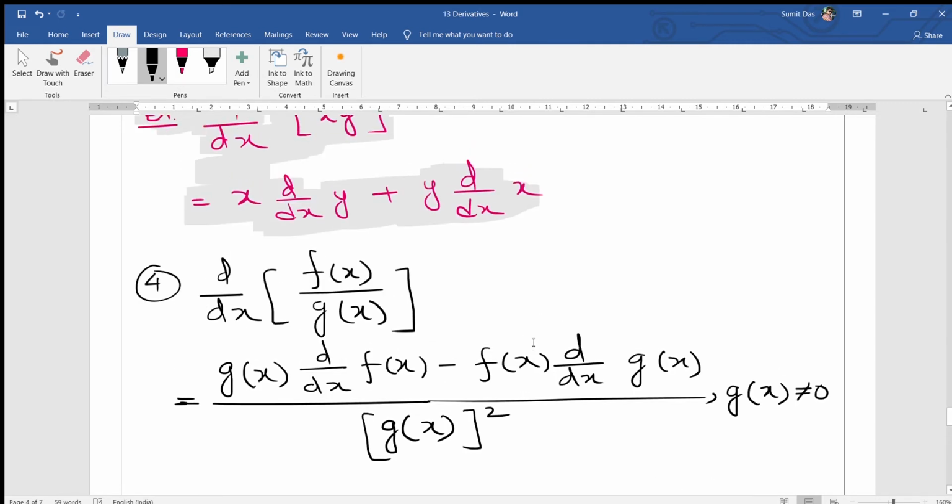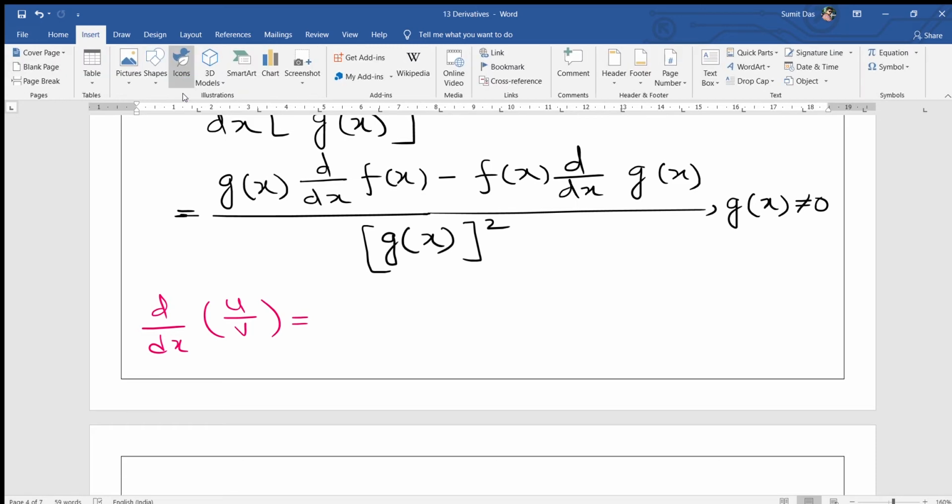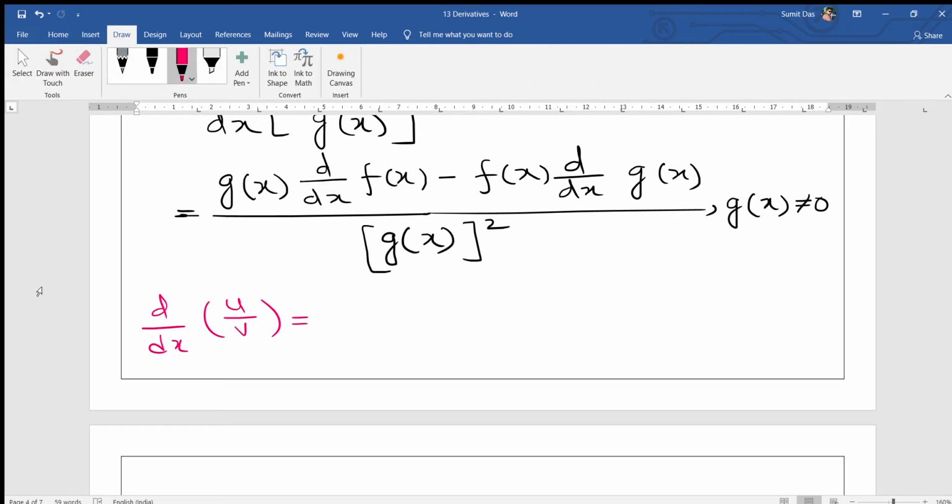There is a simplified form also here. I am showing you the simplified form. Suppose we have to find the derivative of u by v. Let's take u as f(x).